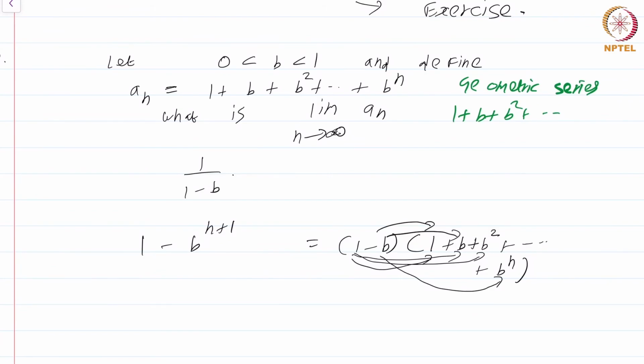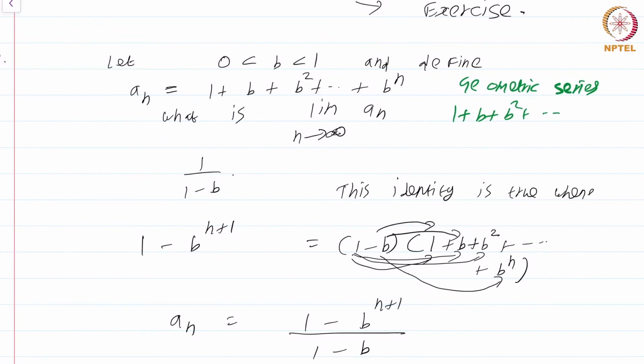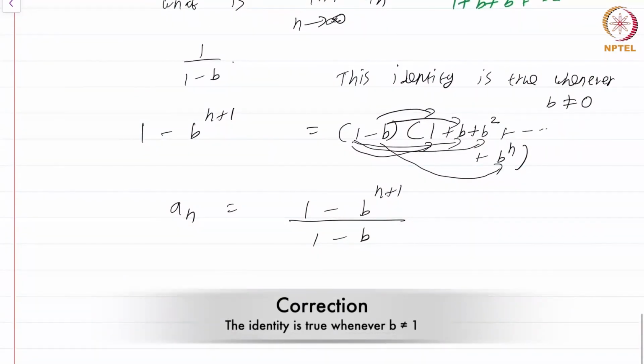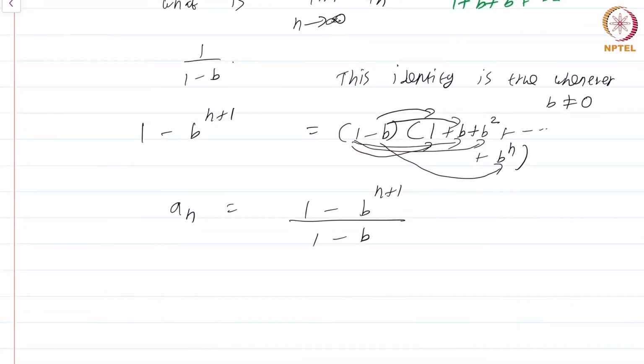So what we are interested in, an is nothing but 1 minus b power n plus 1 by 1 minus b. Right? Now if you observe this identity, this algebraic identity is true whenever b is not 0. So we have got an equal to 1 minus b power n plus 1 divided by 1 minus b.